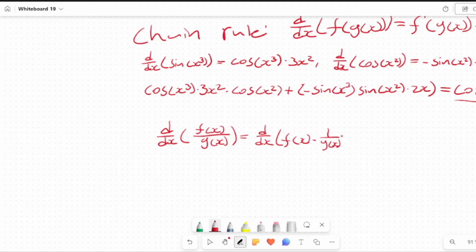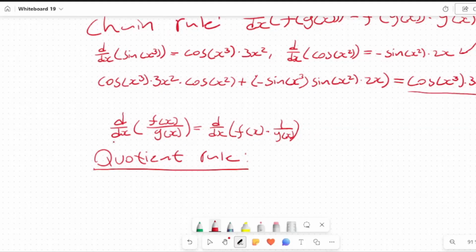So you can actually just use the product rule to derive what we call, I think it's called the quotient rule. I haven't looked up the name very properly, so I'm just going to say that it's the quotient rule. So if you're interested in that, you can try to derive the quotient rule by using the product rule.